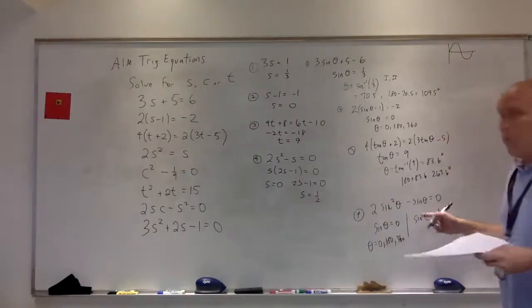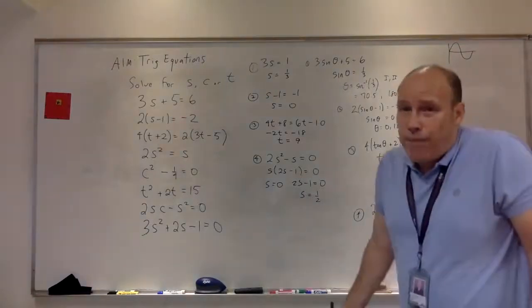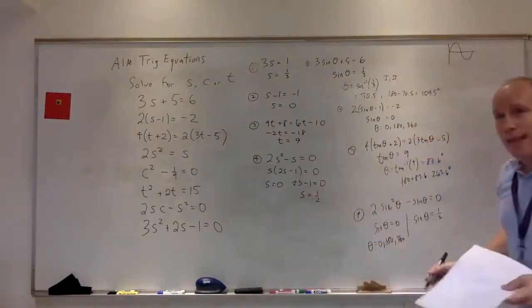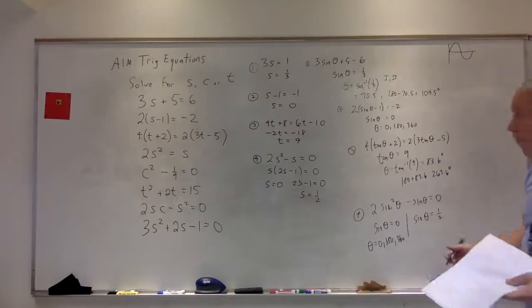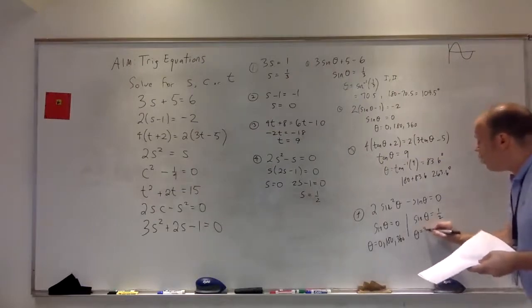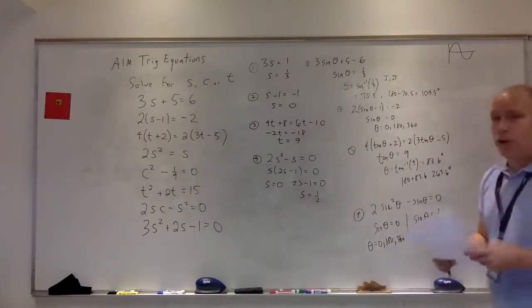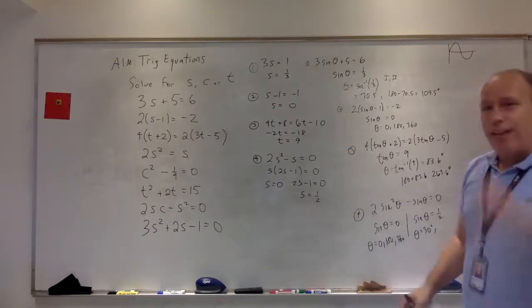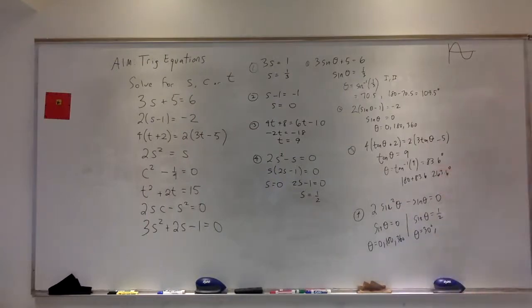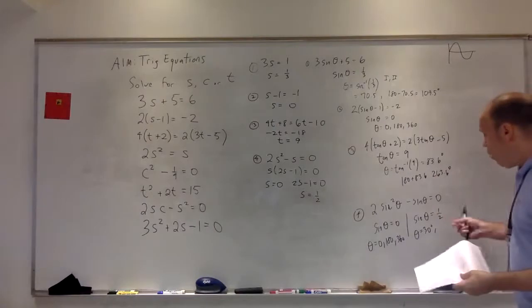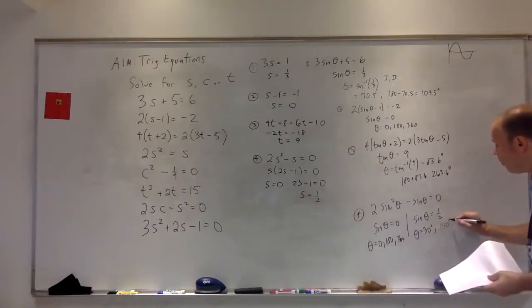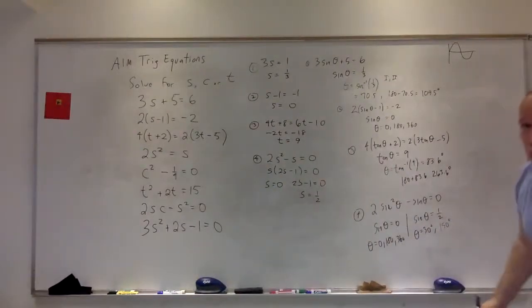The question is, what is this angle? Well, we know it from practicing. We know that the sine of 30 is 1/2. So we know that theta is 30 degrees. The question is, where is sine positive? It's in the first and the second, and therefore, how do we know it's 150? Or a visual, if you need a visual.